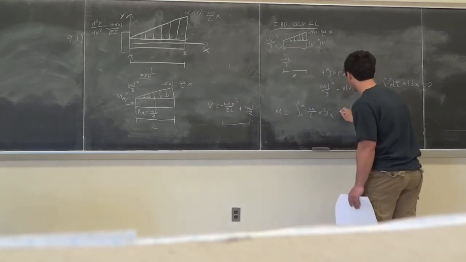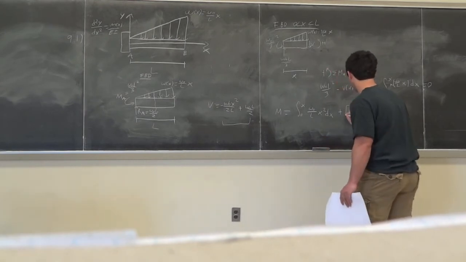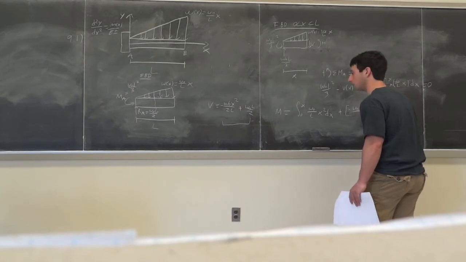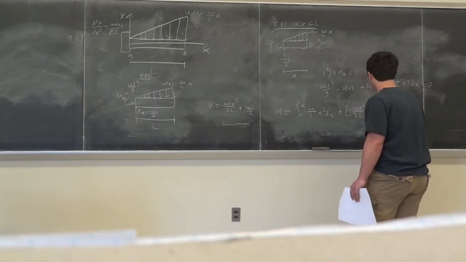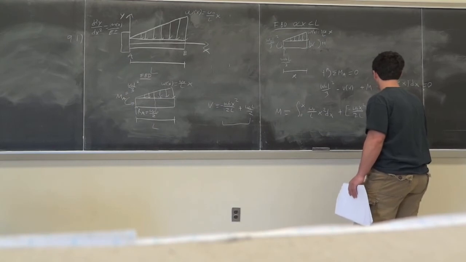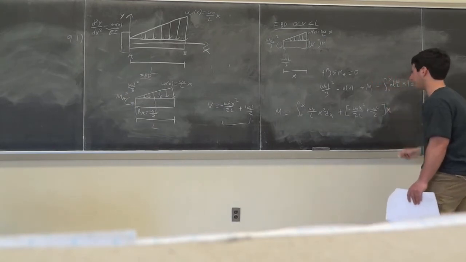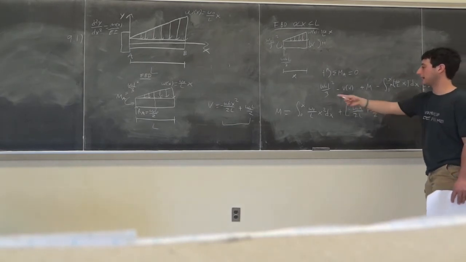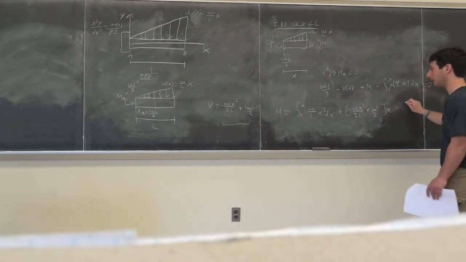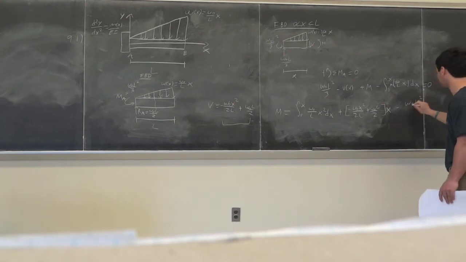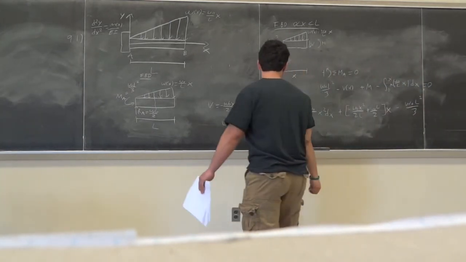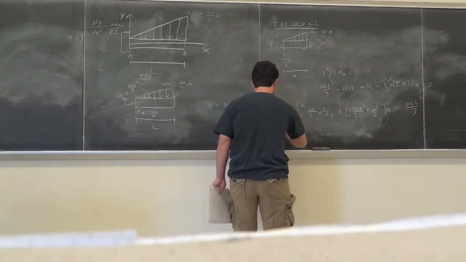So what's V? So plus this term, it's minus W naught x squared over 2L plus W naught L over 2 multiplied by x, right? I just moved this term over, and now I want to move this term over. So you have minus W naught L squared over 3. Right? So you guys could evaluate the integral and simplify this.